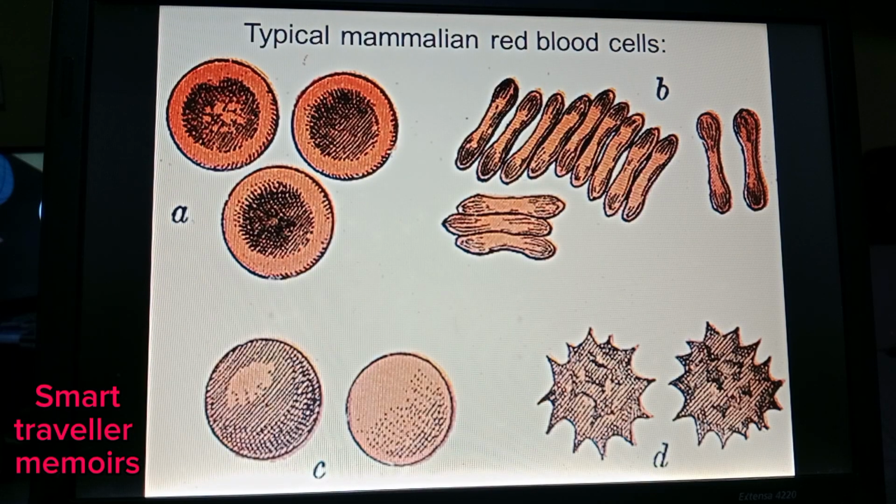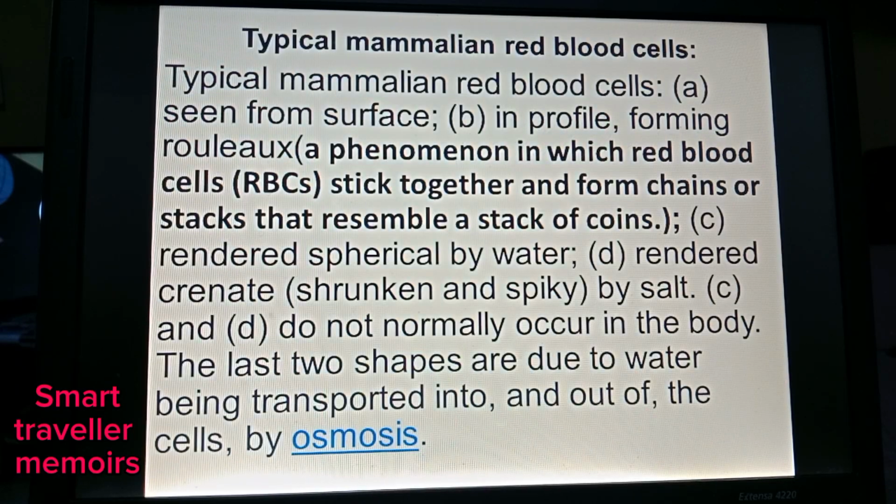Typical mammalian red blood cells. Now I will explain what is in A, what is in B, what is in C, and what is in D below. A are the cells as seen from the surface.